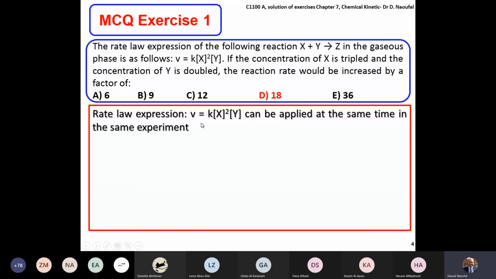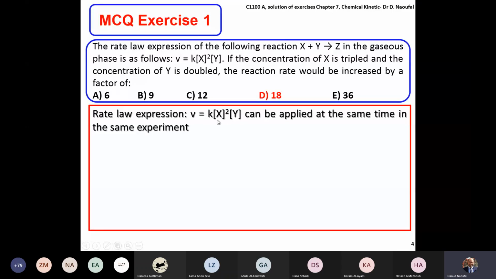This rate law expression can be applied at the same time in the same experiment. Pay attention: at the same time in the same experiment. I could not put in this relation X from experiment 1 and Y from another experiment 2.